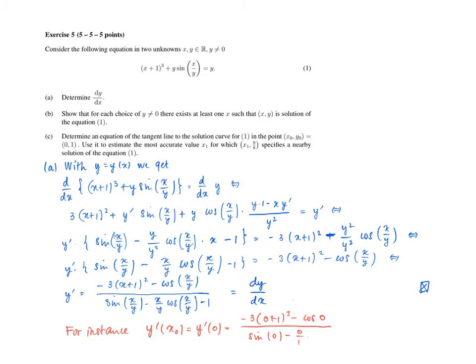So we get minus 3 times (0 plus 1) to the power 3 minus cosine 0 divided by sine 0 minus 0 over 1 times cosine 0 minus 1, which equals, well, minus 4 divided by minus 1, which equals 4.